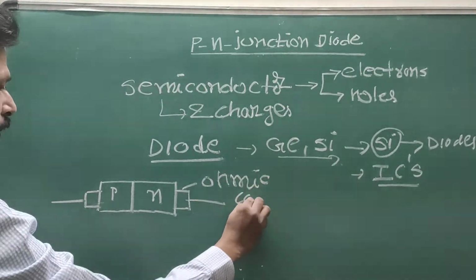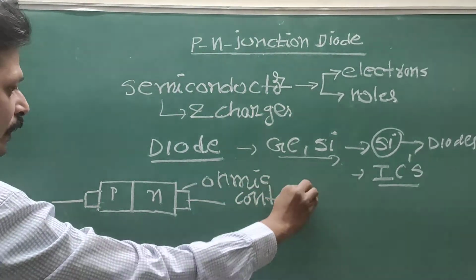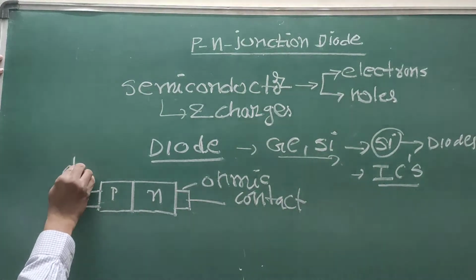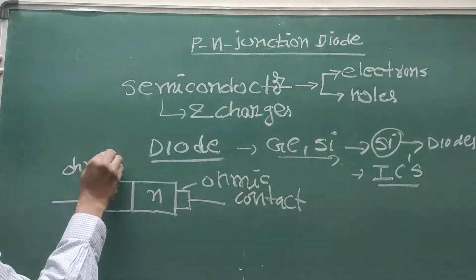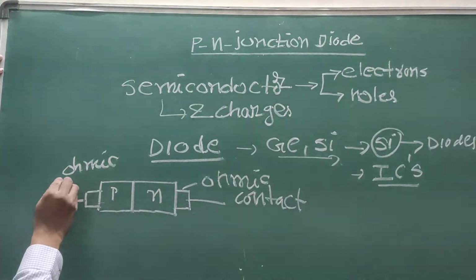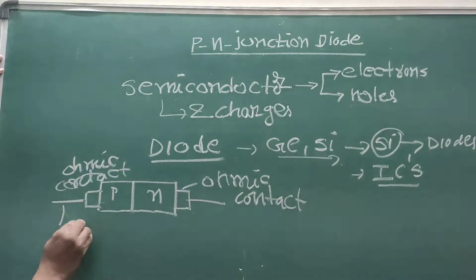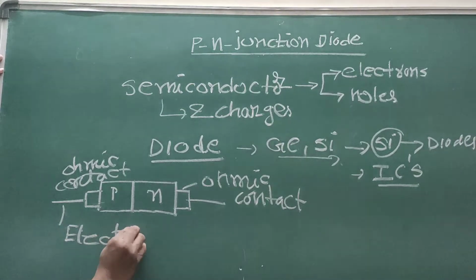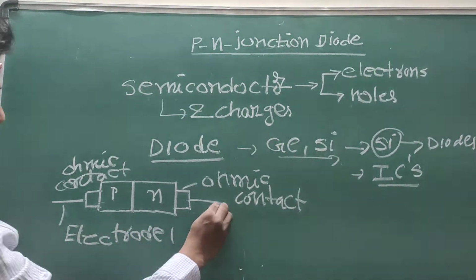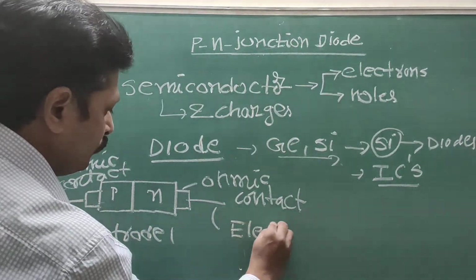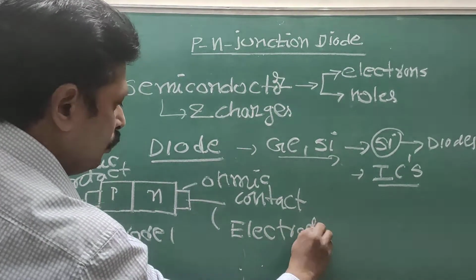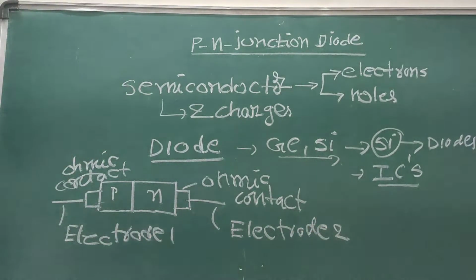The other side is also named as ohmic contact. The significance of ohmic contact I will tell you later. This is called electrode 1, and this is electrode 2.